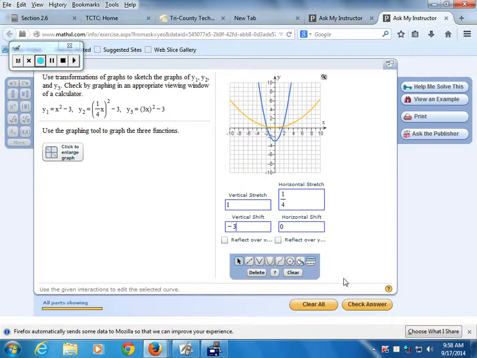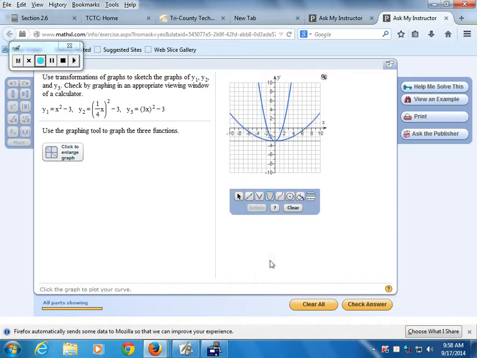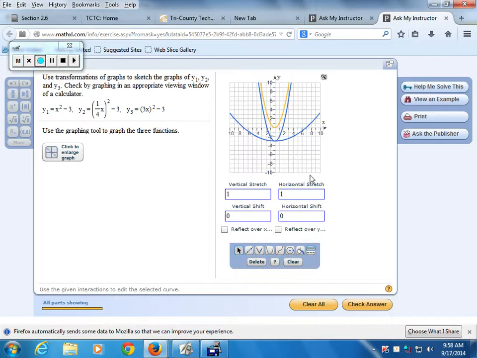And that should be enter. And there's that one. And then the last one is -3 again. And this one has a horizontal stretch of 3, and a vertical shift of -3.